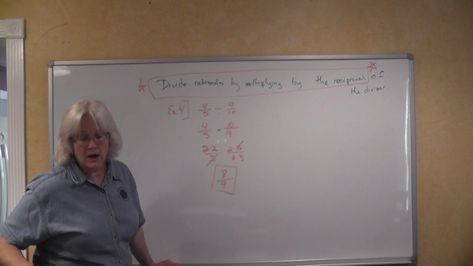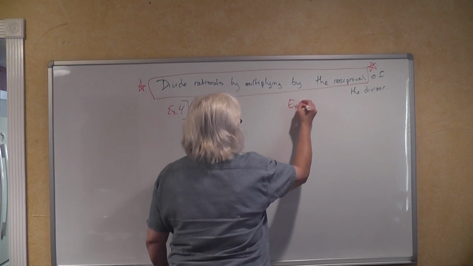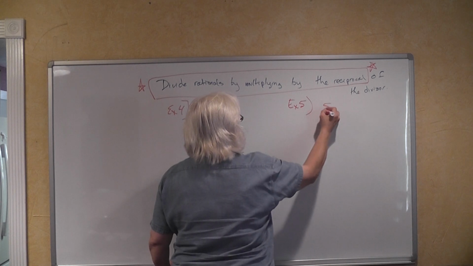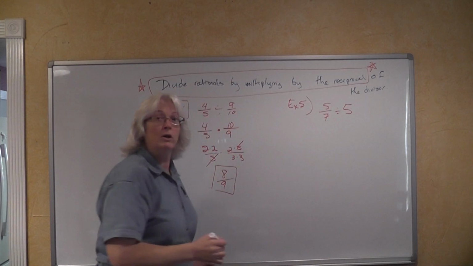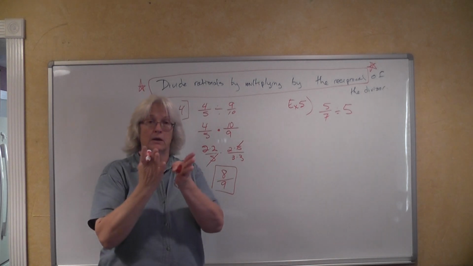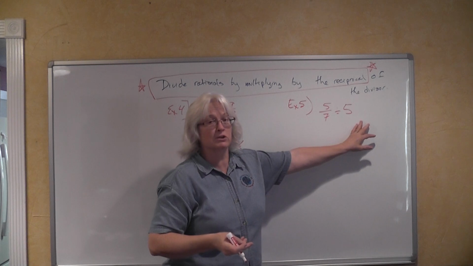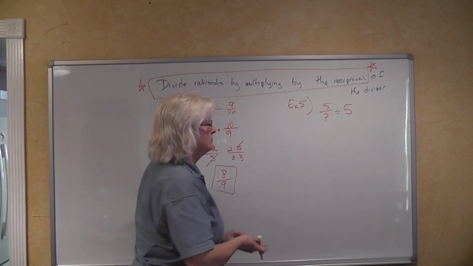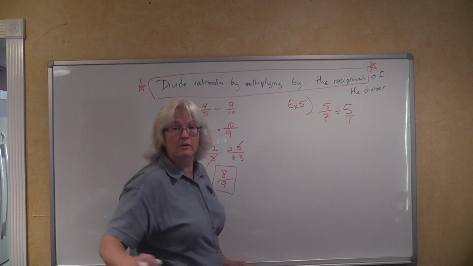Example number 5, we have 5/7 divided by 5. Okay, we want to have the reciprocal of 5, but it doesn't look like a fraction, does it? Well, whole numbers are rational numbers because you can divide them by 1.